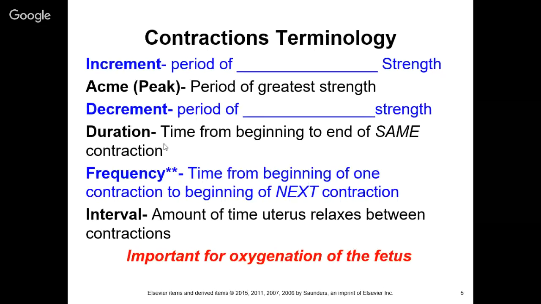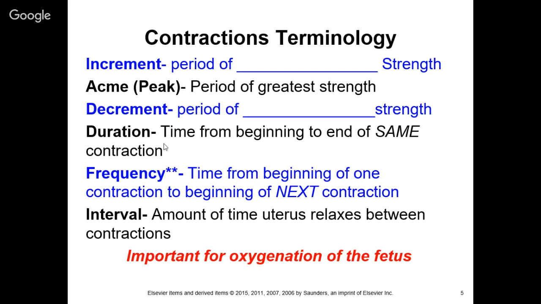So just like they sound: decrement, decrease; increment, increase. Duration, time from the beginning to the end of that same one contraction. Frequency, the time from the beginning of one contraction to the beginning of the next contraction.